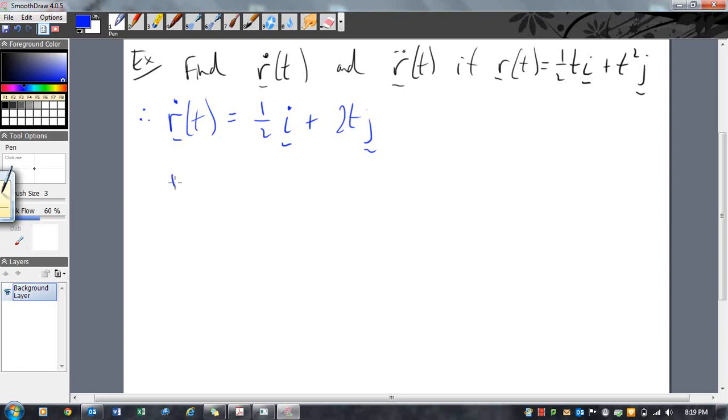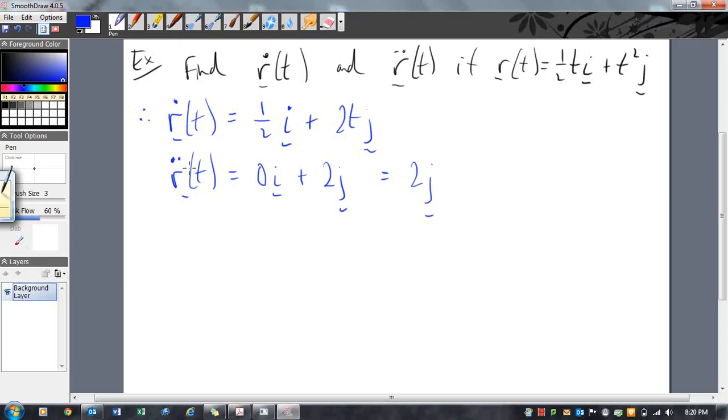Okay, let's do r double dot. R double dot of t is equal to, now we take the derivative again. The derivative of half is 0. I'll write 0i for now, but I won't write it next time, so that just disappears. There is no i component of r double dot. The derivative of 2t is simply 2, and so you're left with just 2j.